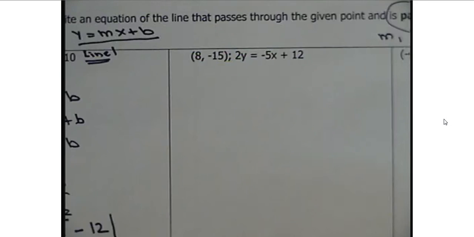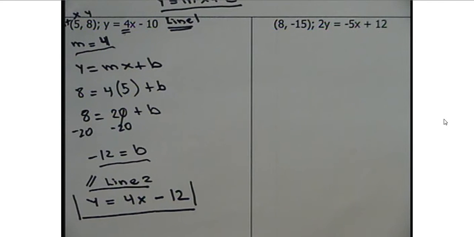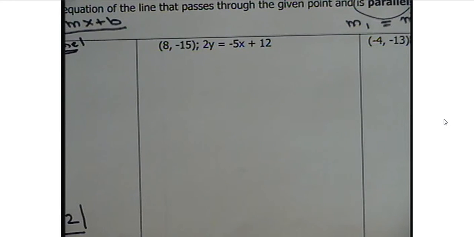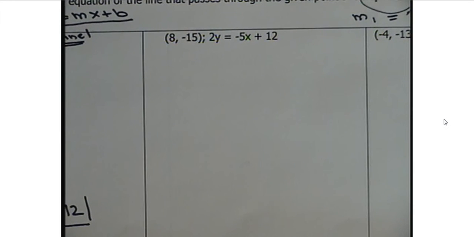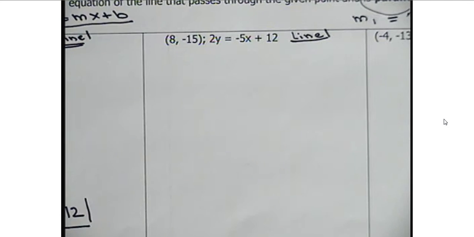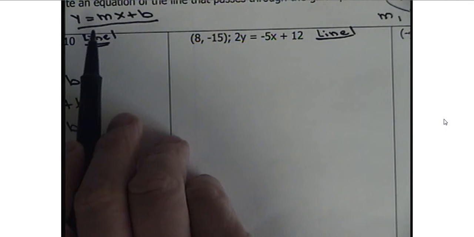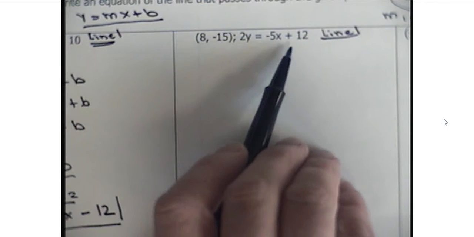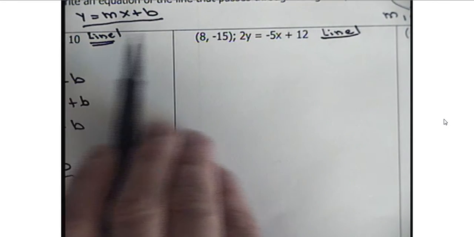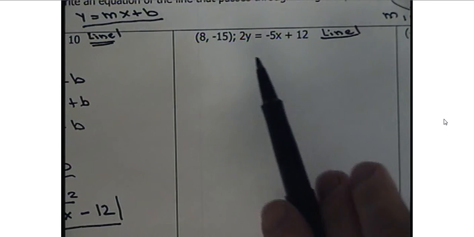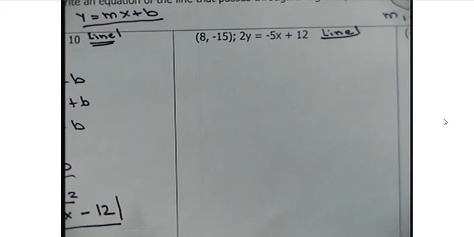Now, once we are done with the first example, we will go ahead and move to the second example. Second example, again, first thing you want to make sure is that line 1 equation, which is this one, is in y-intercept form. So look at this, y equals mx plus b, and look at this, 2y equals negative 5x plus 12. Definitely those two do not match, and the reason for that is because y is not by itself in the equation.